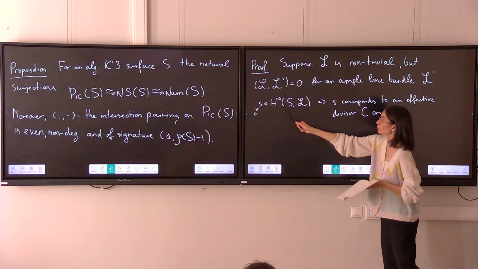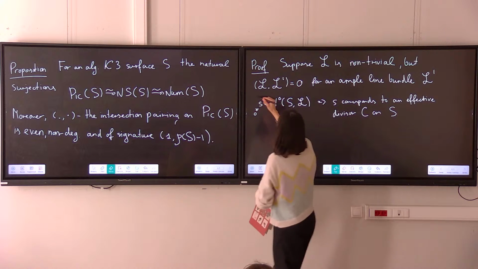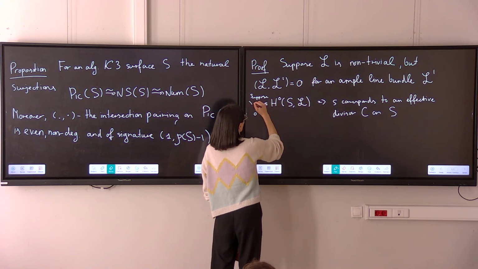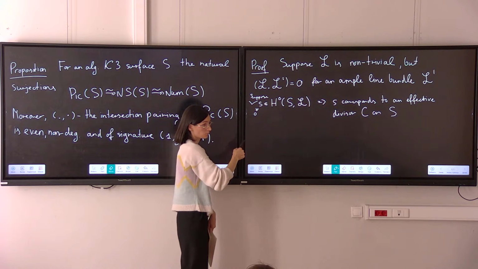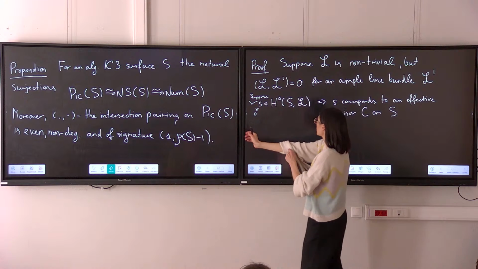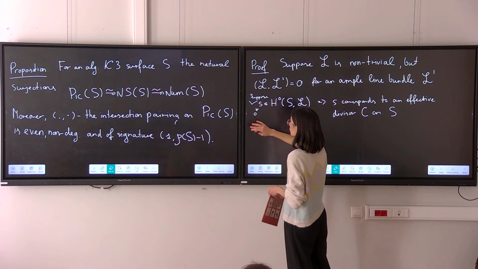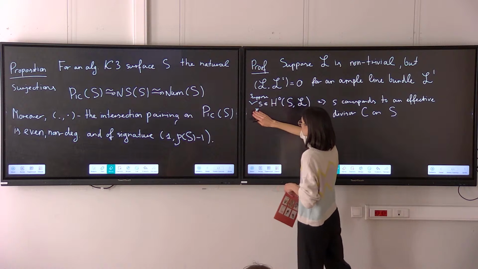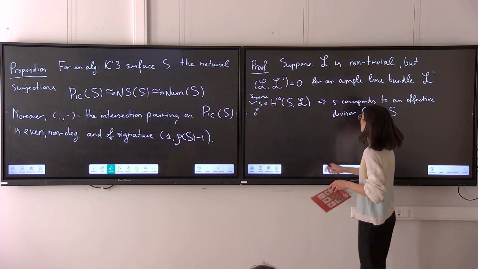No. What I want to show is that we don't have such a section, not just from the Riemann-Roch theorem, but from the property of the intersection form that we discussed last time. So suppose that we have such a section.